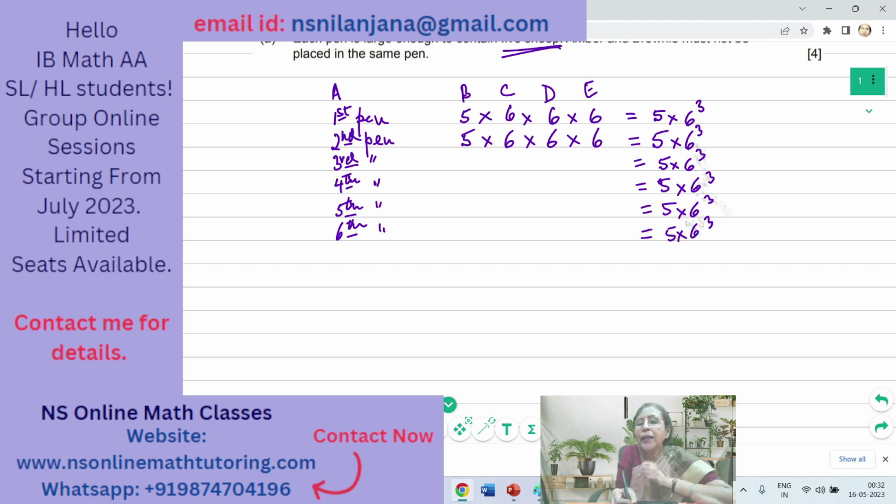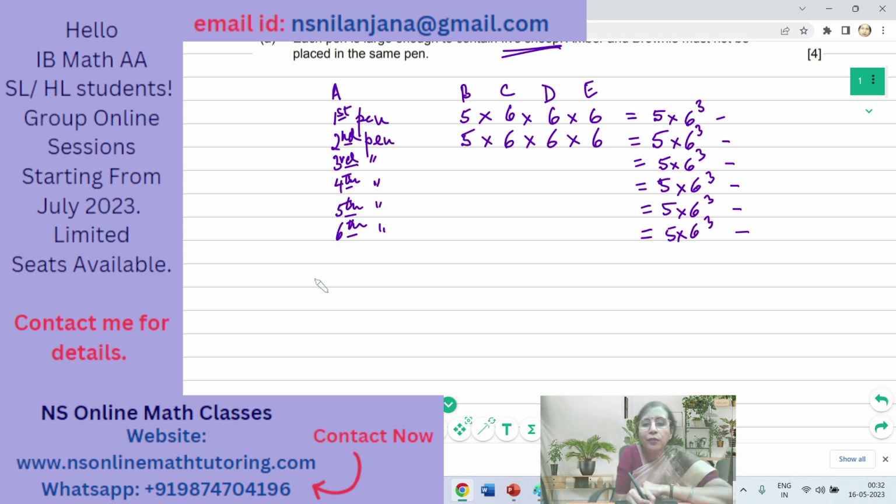And these will be getting added because Amber cannot be placed in all the 6 pens together. Either Amber will be placed in the first pen, or in the second pen, or in the third, fourth, fifth or sixth pen. Whenever it is 'or', we have to add. So we have to add 6 identical items. Therefore, it is 6 times 5 times 6 to the power of 3.